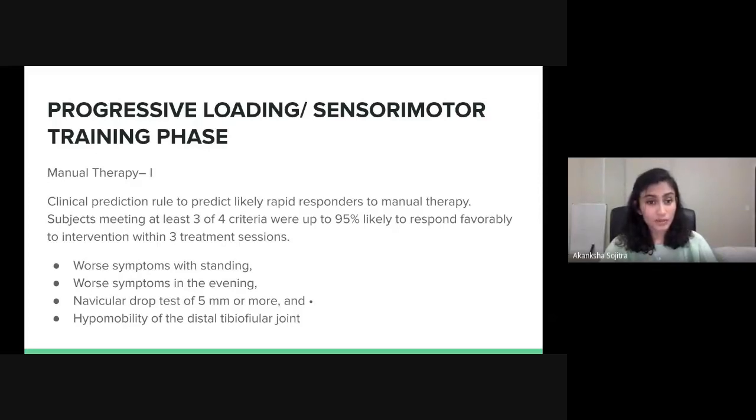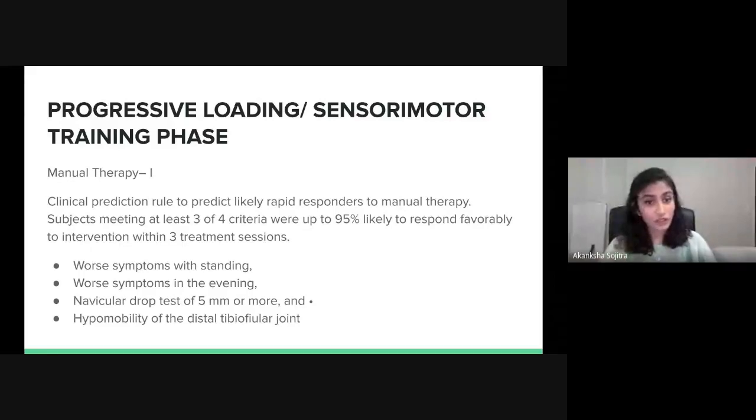So: worse symptoms with standing, worse symptoms in the evening, a navicular drop test of 5 mm or more. So you're looking at the navicular height in the collapse and once they're standing, and checking if there is enough difference. Hypomobility of the distal tib-fib joint.